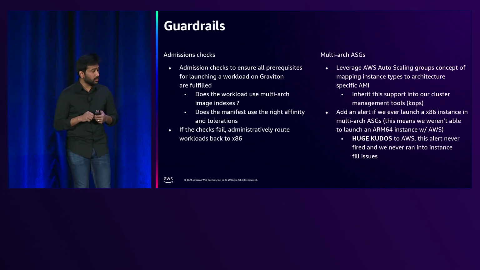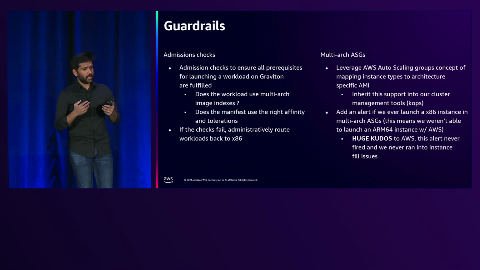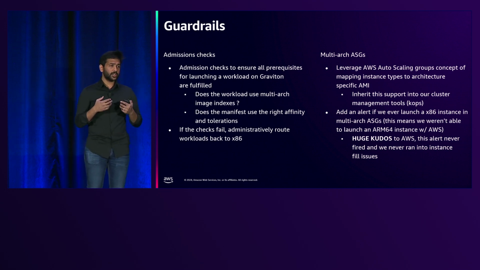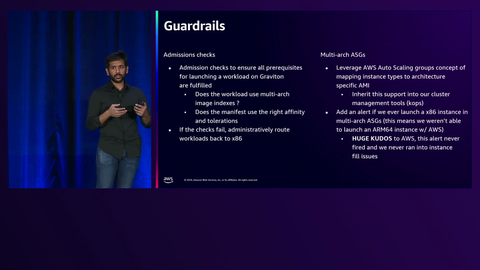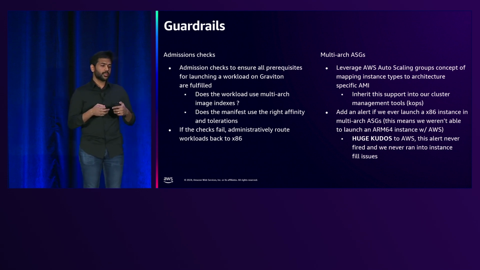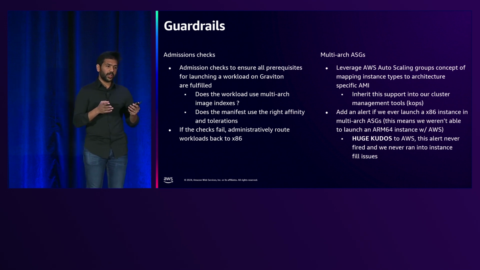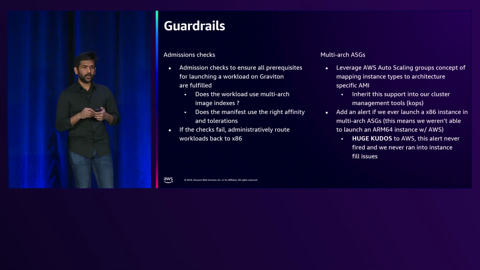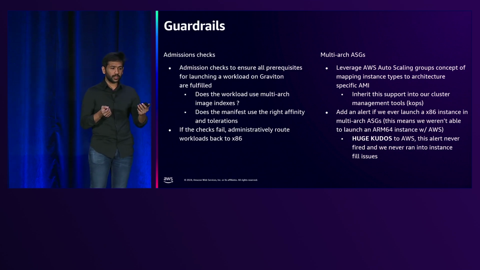The second guardrail we added was around using AWS's concept of mixed instance policies. Mixed instance policies allow you to have a sorted, stack-ranked list of preferred instance types. So we wanted to create multi-arch ASGs because Graviton 3 was a relatively newer instance type, and we wanted to make sure that we don't run into any instance fill rate concerns.